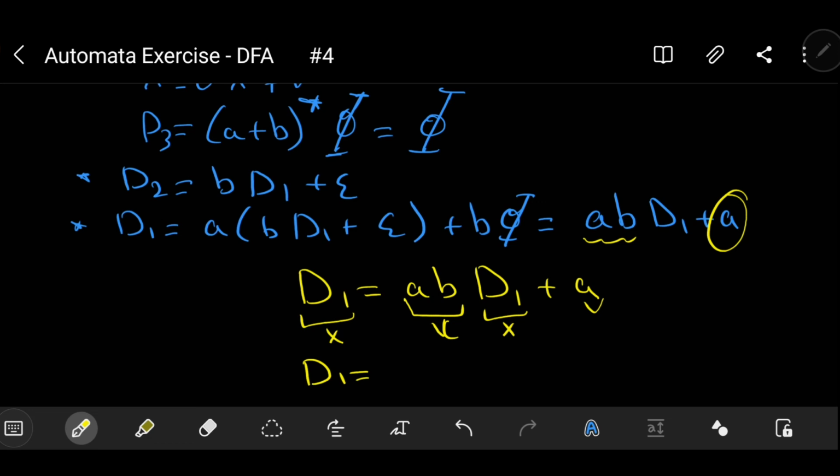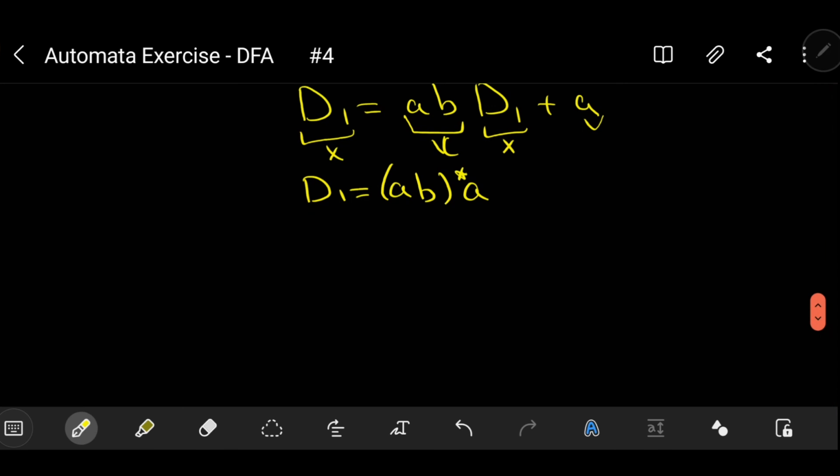Therefore, D1 is equal to A B star A. Therefore, the departure system is equal to A B star A.